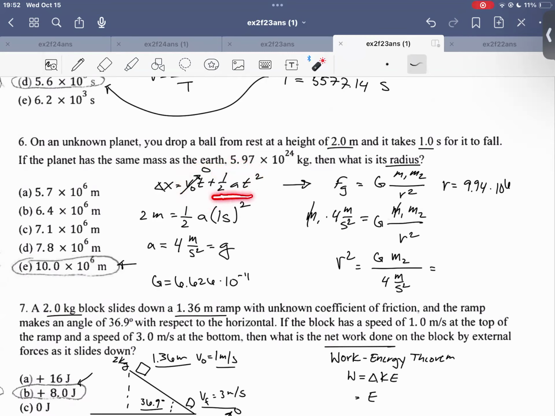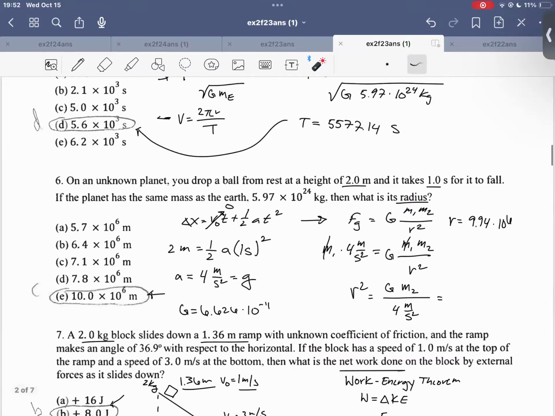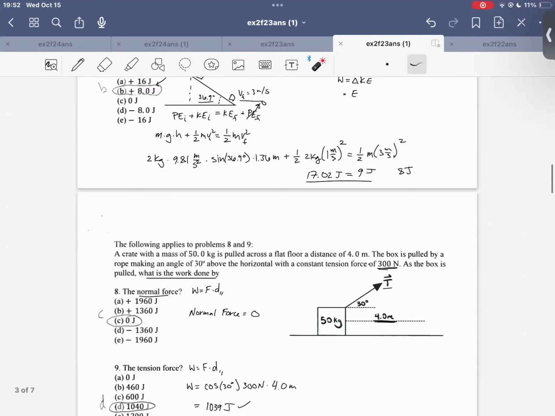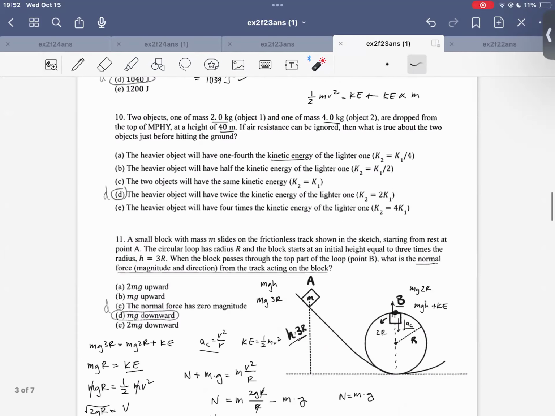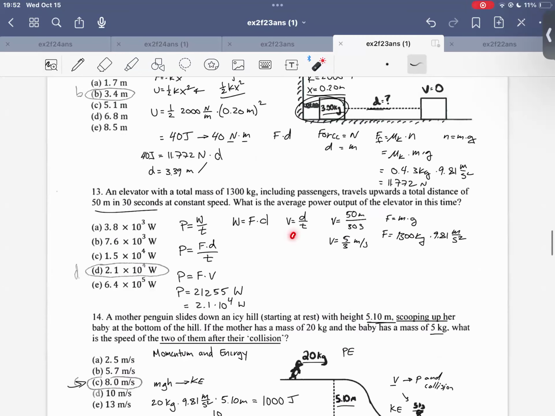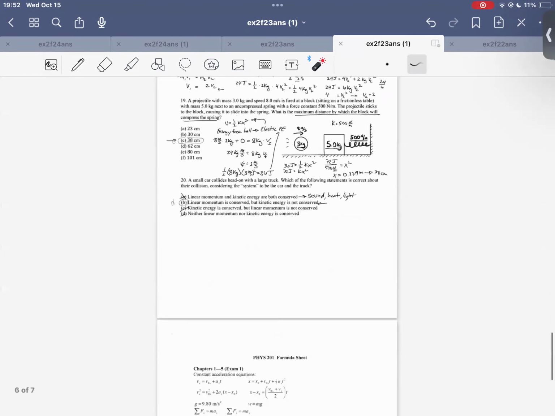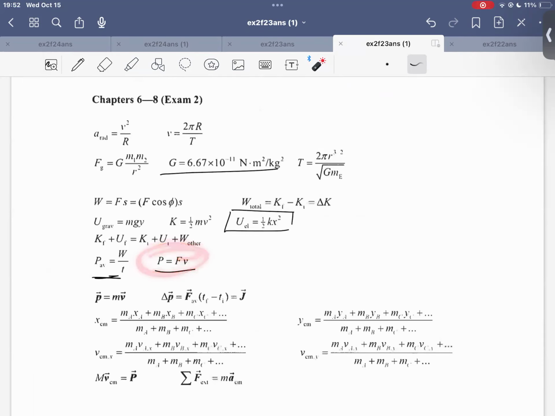I'm pretty sure this is the only one they'll ask you to use again. I used some of the ones for calculating the power, right? I used distance over time here for calculating power. But that's not necessary unless you want to derive it because it's given right here, right?